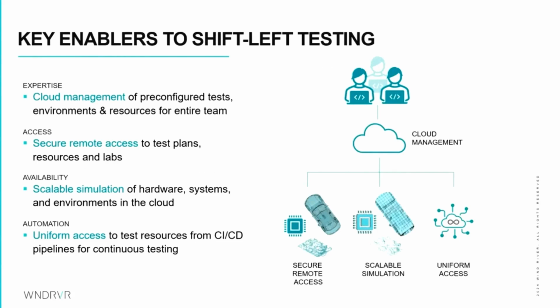Imagine a world where you identify problems before they snowball into major issues. That's the power of shift left testing, moving testing activities from the tail end of development to the beginning, saving time and money down the road. So how do we achieve this shift left magic? In our opinion, here are the key ingredients.